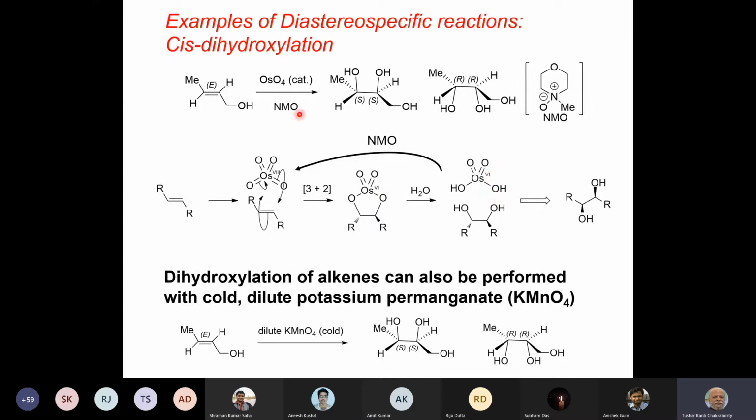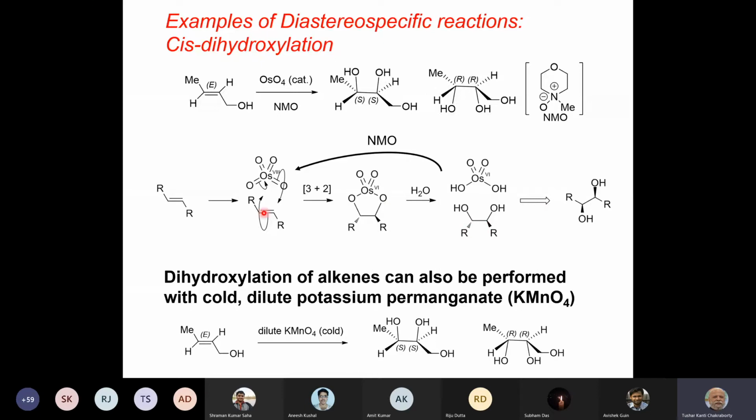This reaction is normally done with a catalytic amount of osmium tetroxide. You can use a stoichiometric amount also, but osmium is toxic and not a good chemical to handle, so we use a catalytic amount. And then NMO, N-methyl morpholine oxide, can oxidize the osmium 6 back to osmium 8. And then this reaction goes on.